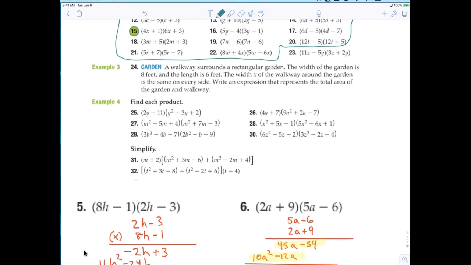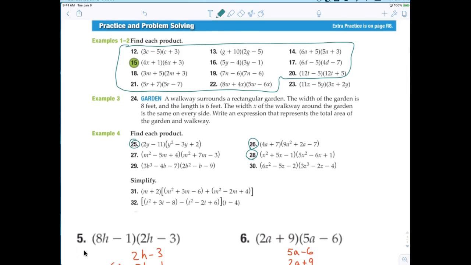And then you only have to do 25, 26, and 28. Make sure you write that down. That's your homework: 12 through 22, 25, 26, and 28. And that's how I want you to do it.